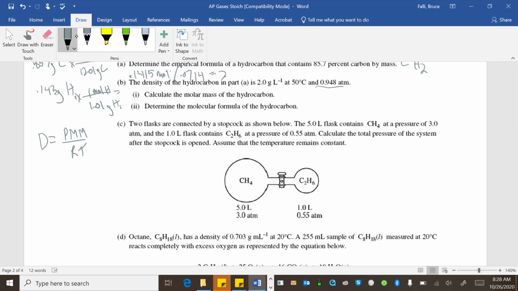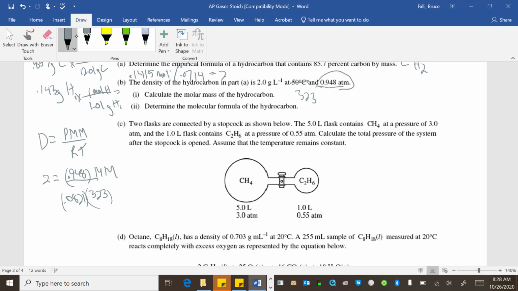Okay, so the density of a hydrocarbon in part A is 2 grams per liter at 50 degrees Celsius. So 50 plus 273 is 323. R is 0.0821. And then it tells us the pressure is 0.948. That pressure comes from right here.